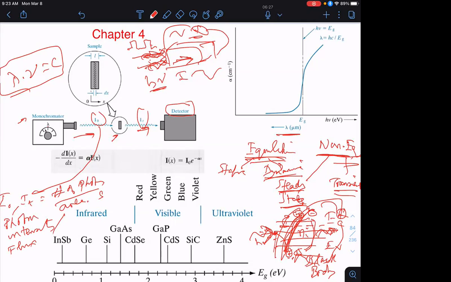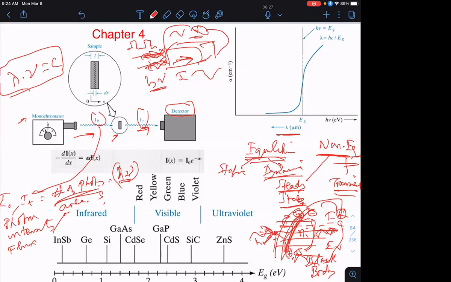So you could convert that intensity in terms of number of photons per unit area per second into units of watts per unit area, simply by multiplying the number by the energy carried by a photon, which of course is given by h nu. h nu has units of energy. So if you multiply by that, you'll convert that to watts per unit area of energy flowing on the semiconductor.